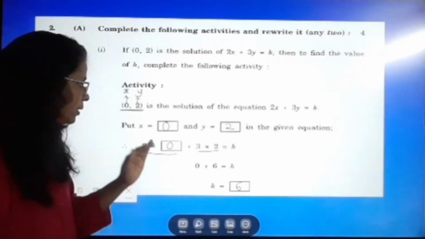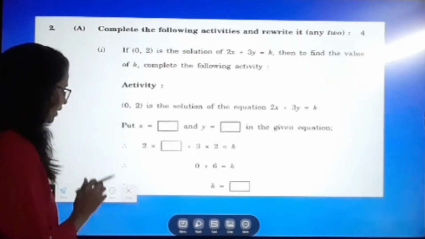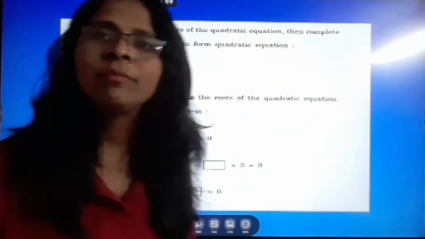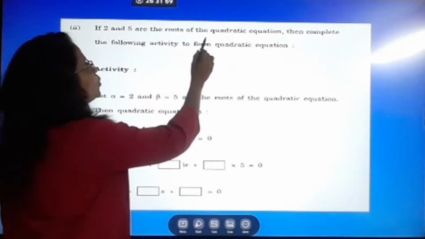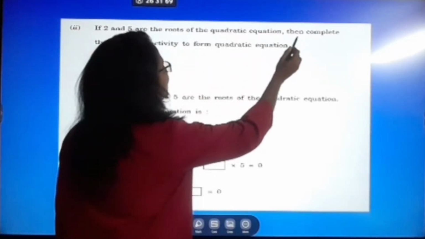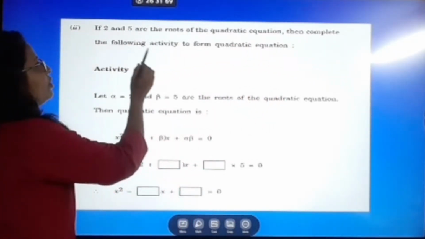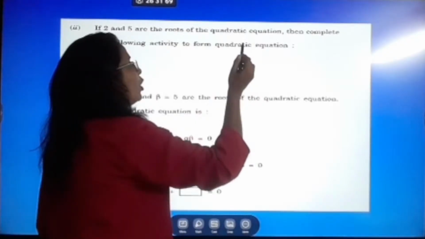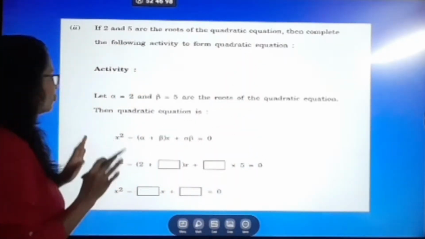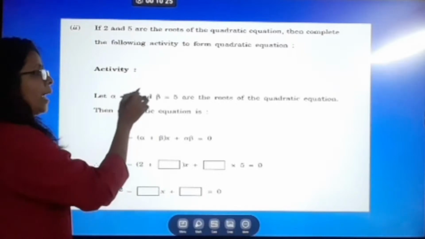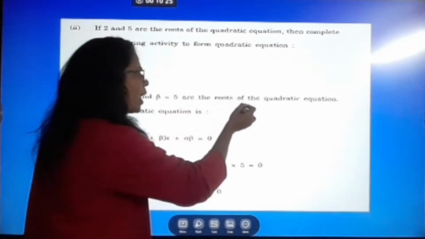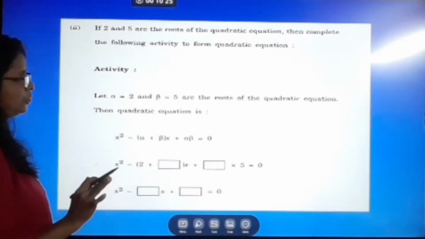Okay students, next one is that example. If 2 and 5 are the roots of the quadratic equation, then complete the following activity to form the quadratic equation. Now here in the activity, let alpha is equal to 2 and beta is equal to 5 are the roots of the quadratic equation.